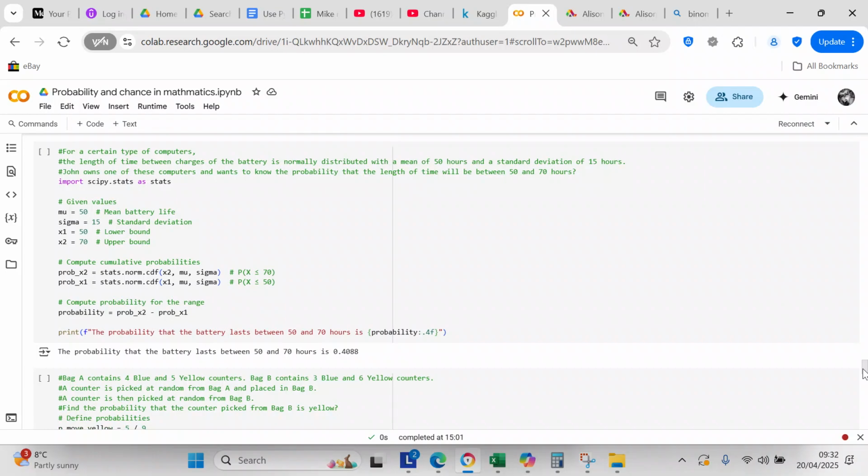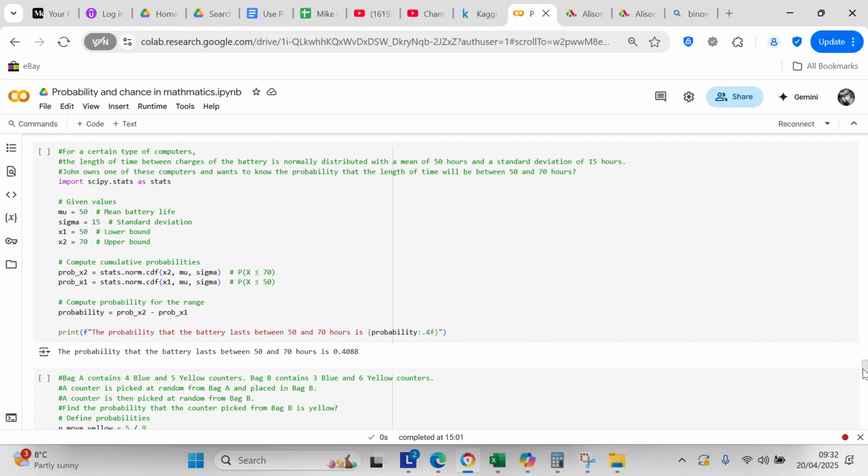So we have the mean battery life, mu, is 50. The standard deviation, sigma, is 15. The lower bound, x1, is 50. And the upper bound, x2, is 70. So we compute the cumulative probabilities. So prob x2 equals stats.norm.cdf(x2, mu, sigma).